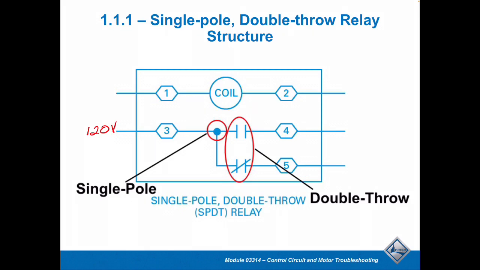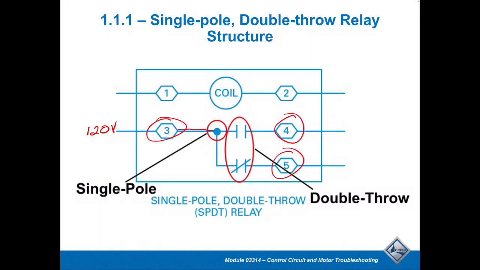I'm going to go into this particular device, and this one we're going to call a common terminal to both the normally open and the normally closed set of contacts, electrically speaking. So this 3 would be common to both 4 and 5 terminals.